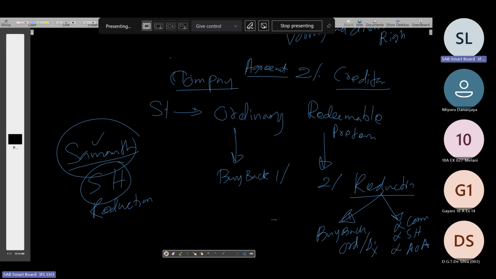Now, here the company is going to reduce the stated capital, redeeming the redeemable shares by 2%. That is on the option of the company. It is not on the option of the shareholders or on the date mentioned in the articles. Therefore, the redeemable shares are redeemed on the option of the company.